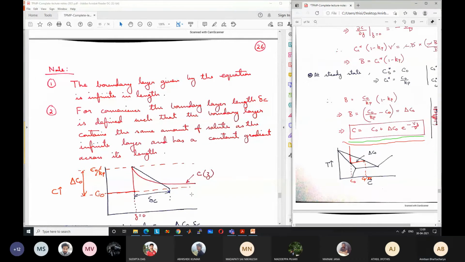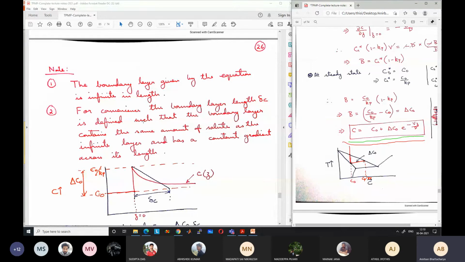Okay. However, for convenience, the boundary layer is taken of a particular length delta c. A boundary layer of length delta c is defined such that it contains the same amount of solute as the infinite layer, and has a constant gradient across its length.